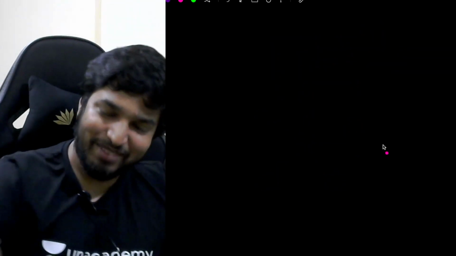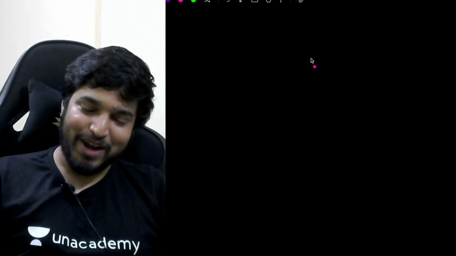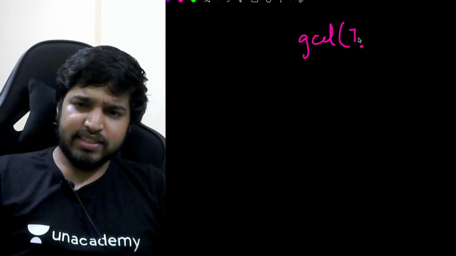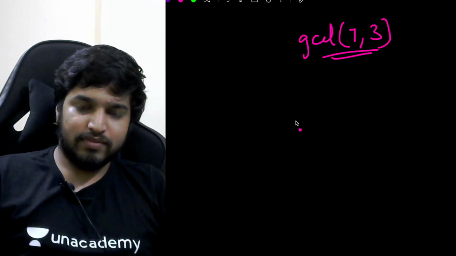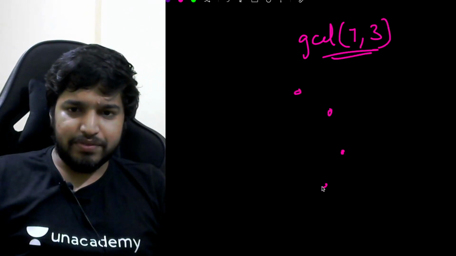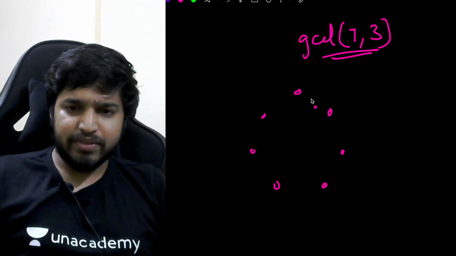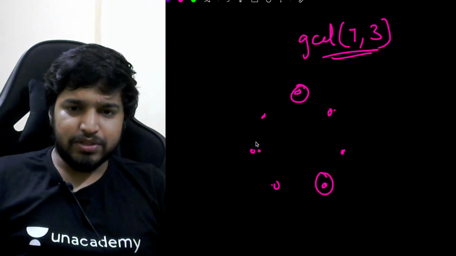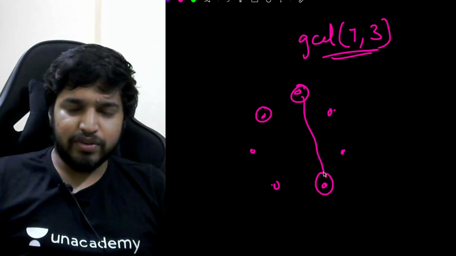Let's look at another number. If the GCD is 1, what happens? GCD of 7, 3. Draw 7 points, 1, 2, 3, 4, 5, 6, 7, and skip 3 each time.